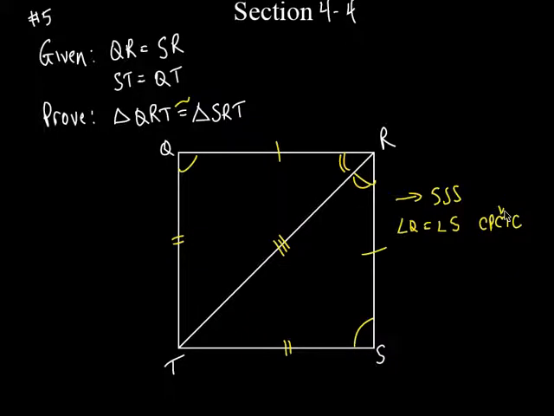Okay. So that right there is basically, I tell you what, let's do this. Let's write down what our triangles are. They already wrote it right here in the proof, but I'm going to write it here anyway. So triangle QRT is congruent to triangle SRT. And what's my reason? Side, side, side.